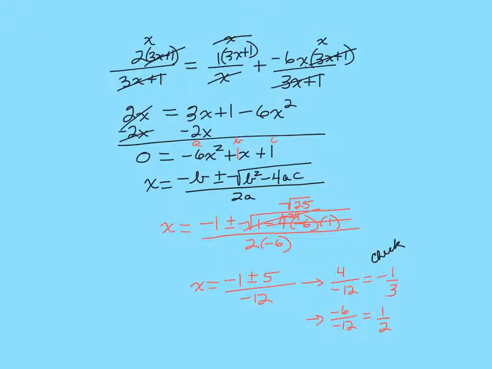So class, let's go in right here. The question is 3 times negative 1/3 plus 1, does that equal 0? What's 3 times negative 1/3? Let me ask you again. What's 3 times negative 1/3? Plus 1 is? 0, which means negative 1/3 goes bye-bye. It doesn't work.